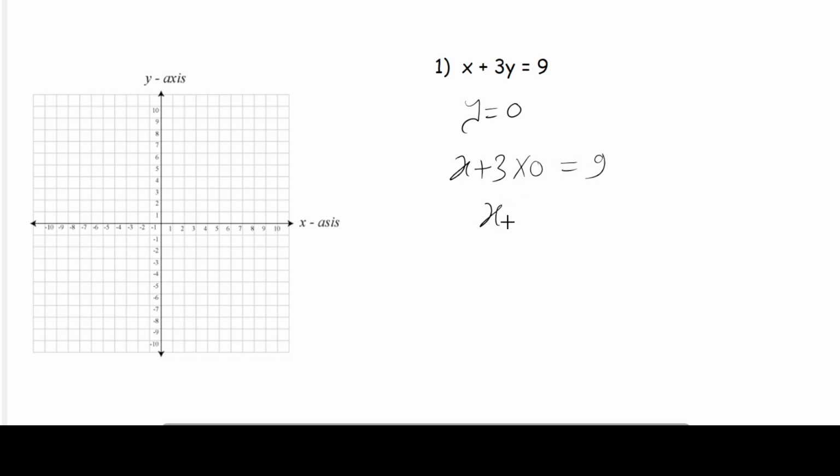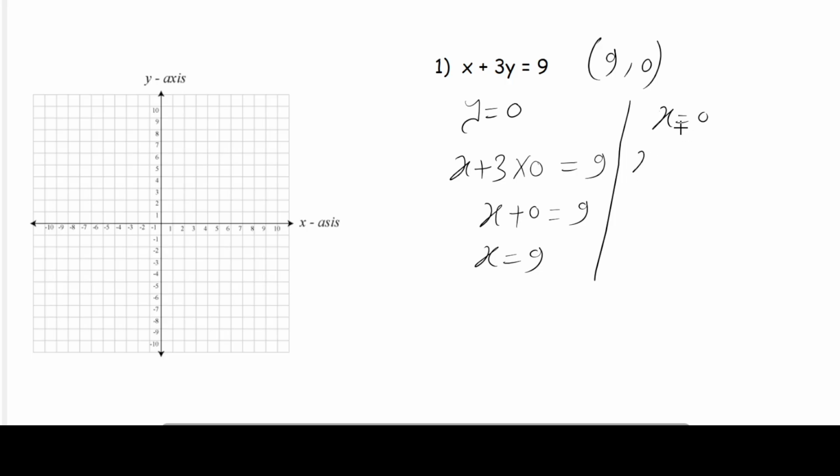So x plus 0 equals 9, x equals 9. So here we have the x-intercept, which is (9, 0). And for the y-intercept, put x equals 0 for finding y.